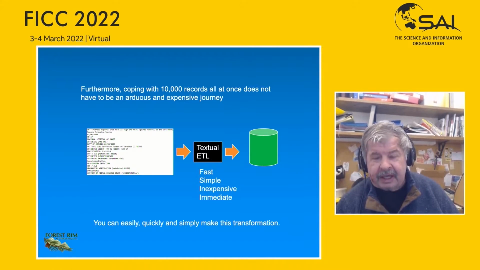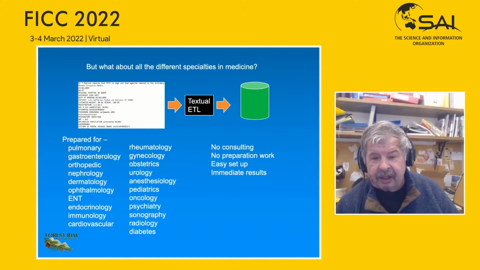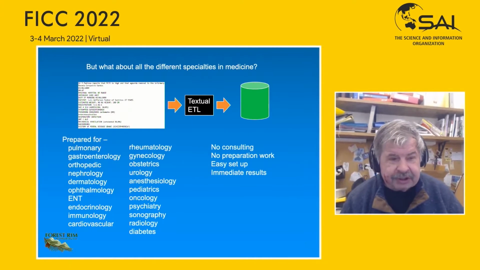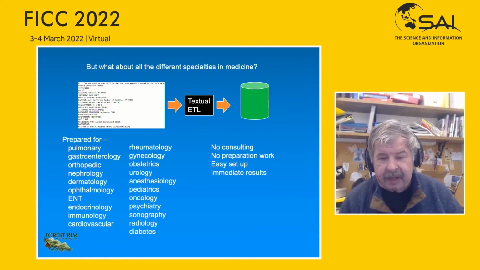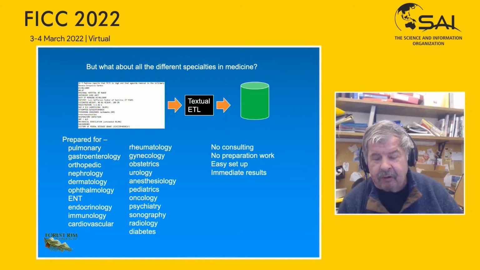All of the things that an organization would like to be able to do when they are needing to look at medical research. Now, one of the problems that you run into in medical research is there are many specialties, and each of these specialties has their own vocabulary. So, one of the things that you need to do is to make sure that you can handle all of the specialties.